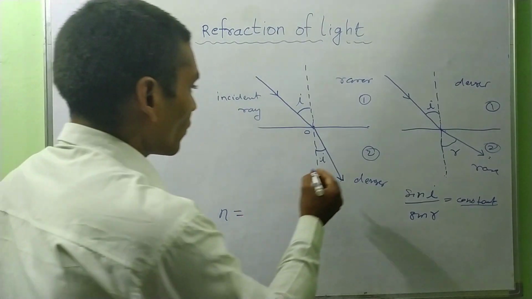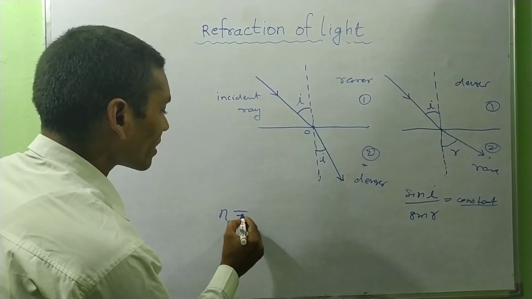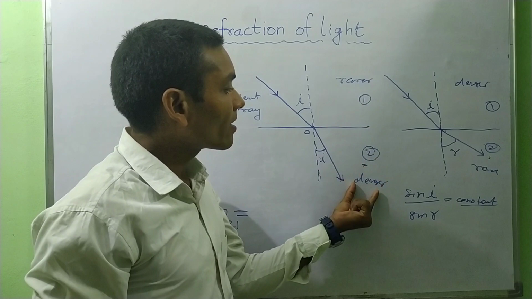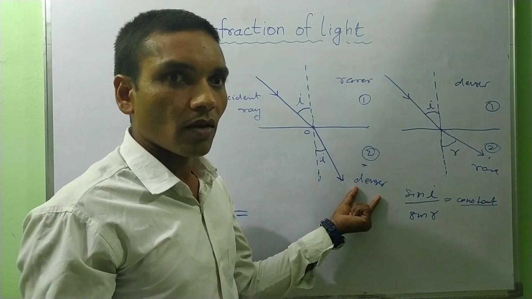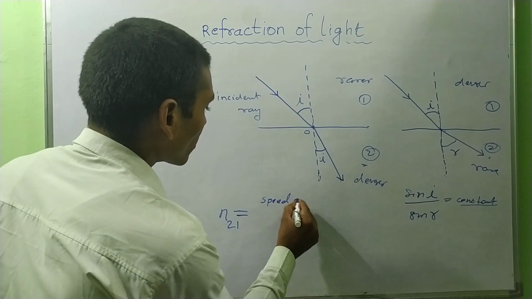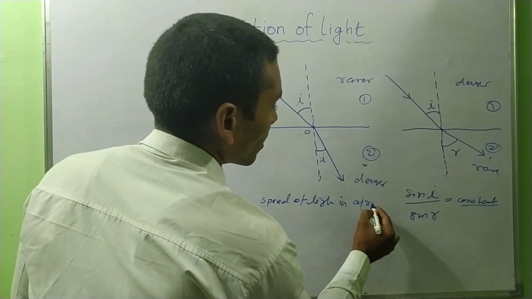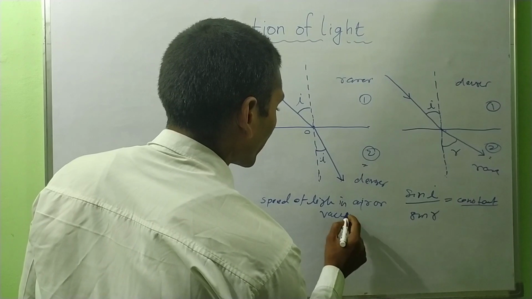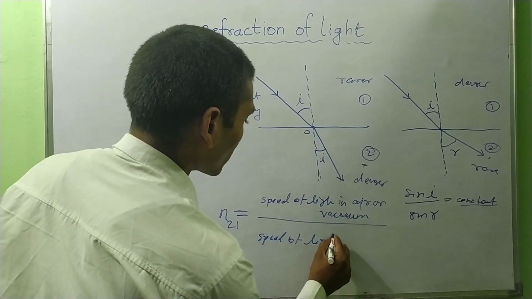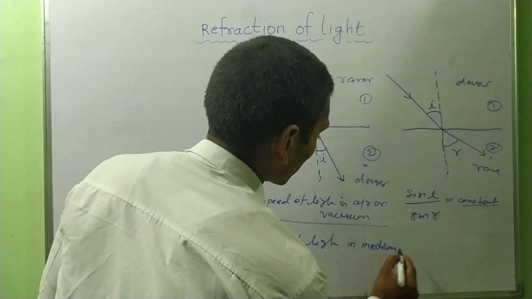So the refractive index of the second medium with respect to the first medium, n21, is equal to: if the rarer medium is air and this is water or glass, the formula of refractive index will be the speed of light in air or vacuum to the speed of light in the medium.